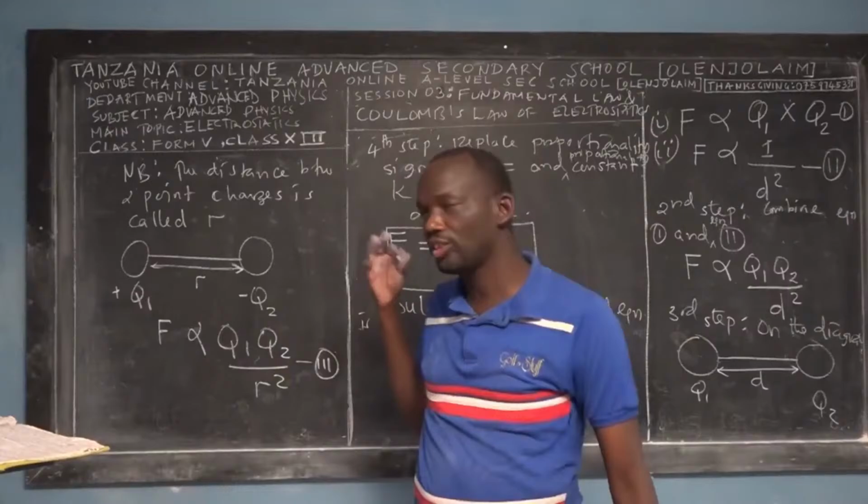This is equal to the proportionality constant, which we'll discuss soon, times Q1 times Q2 divided by the square of the distance between the two charges.